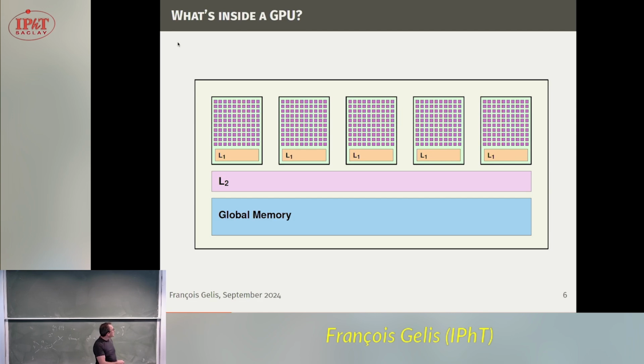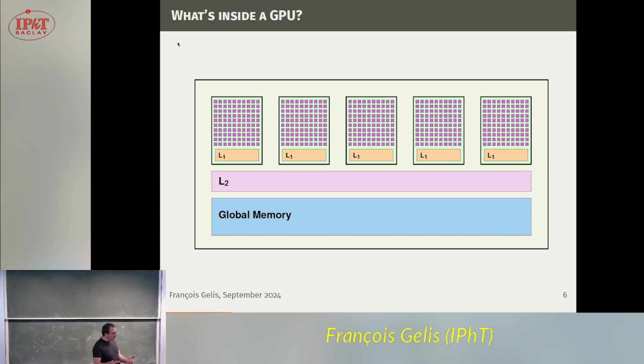This is a cartoon of what's inside a GPU if you were opening the package. It has computing cores, which have been represented by these purple squares, and it has memory, and it has another part of the circuit which is taking care of scheduling the task and so on.